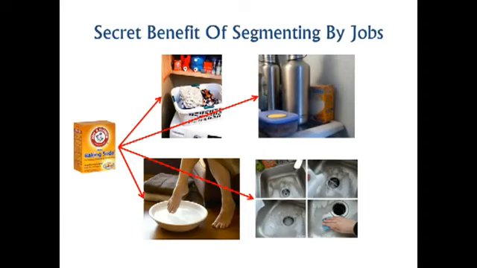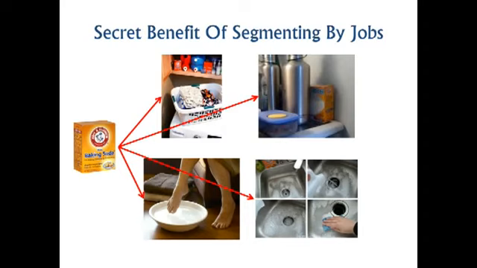Now, an interesting thing happens when you start taking a look at what jobs your product does. More often than not, what you're going to discover is that your market gets larger. A great example of that would be Arm & Hammer's baking soda. Now, baking soda is a baking product. You use it when you're making cakes or cookies or things like that. You add it to the ingredients and everybody eats it. Well, when they did some market surveys of what people were doing with their product, they had a stunning discovery.